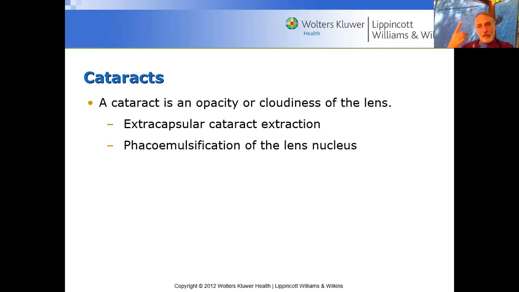Cataract extraction, surgically go in and remove the cloudy part. Phacoemulsification, so injecting the area, emulsifying the lens nucleus to make it clearer, right, to allow light to pass through better.